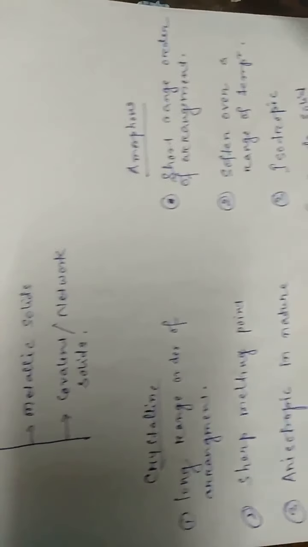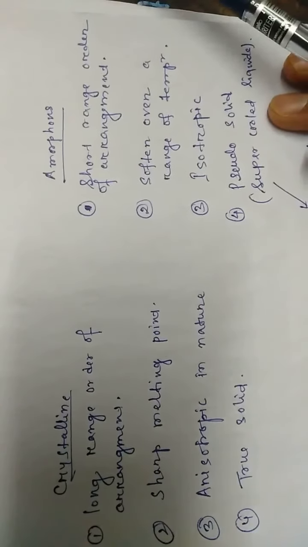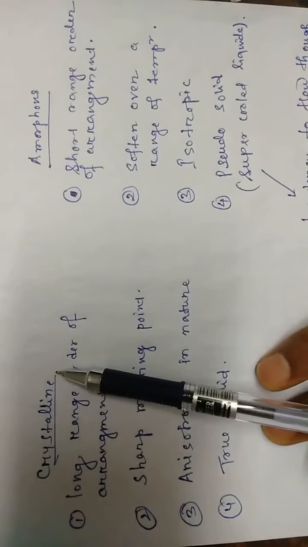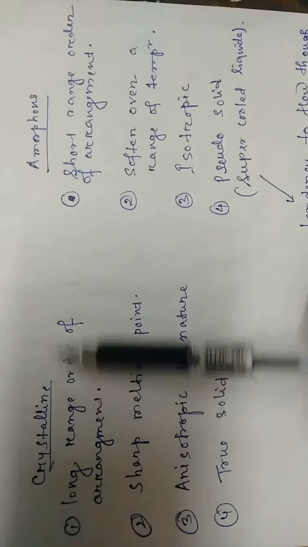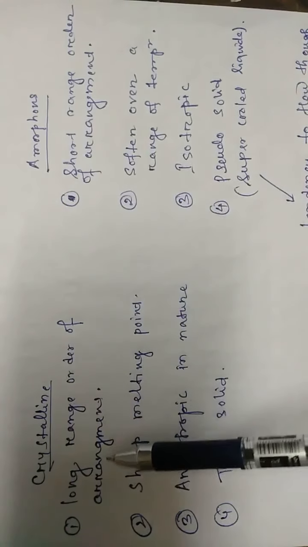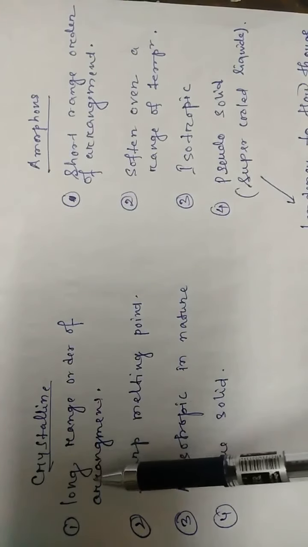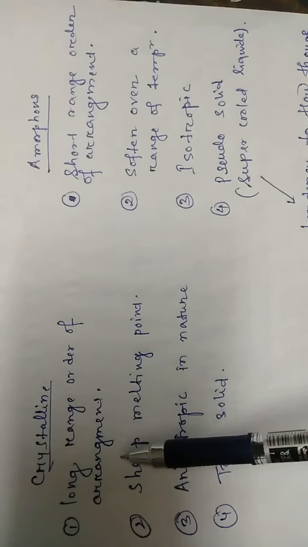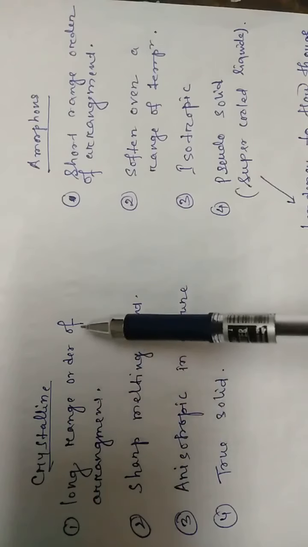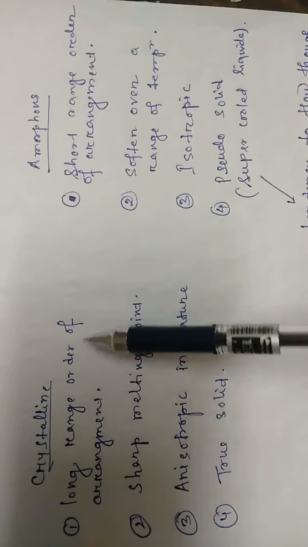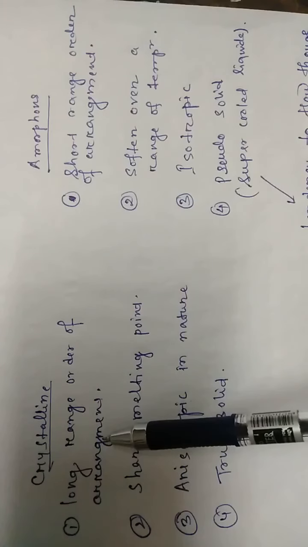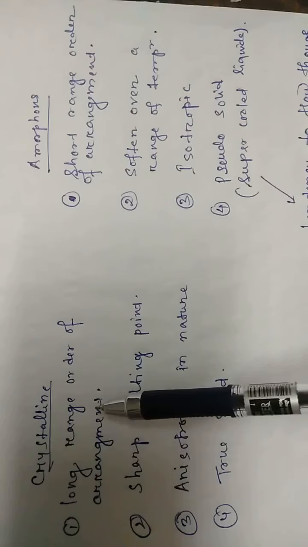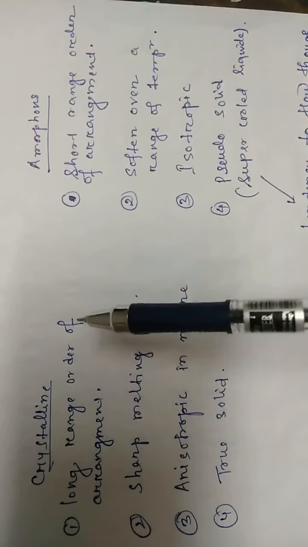So what are the basic differences between crystalline and amorphous solids? In a crystalline solid, constituent particles have long range order of arrangement. Long range order of arrangement means regular arrangement, that is, the arrangement of the constituent particles in the entire solid is similar.